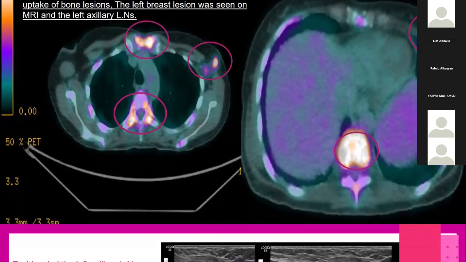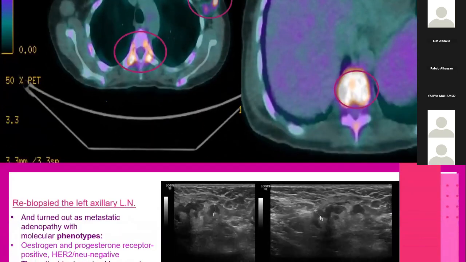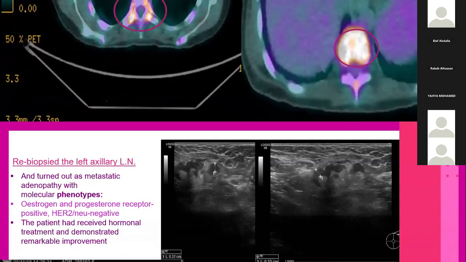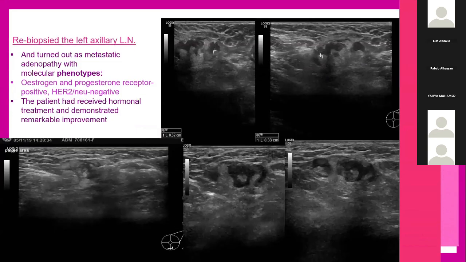And then again, they re-biopsied the axillary lymph node, and at that time we had one of the brilliant Sudanese pathologists. This image was from outside Sudan, but we had a brilliant Sudanese pathologist.